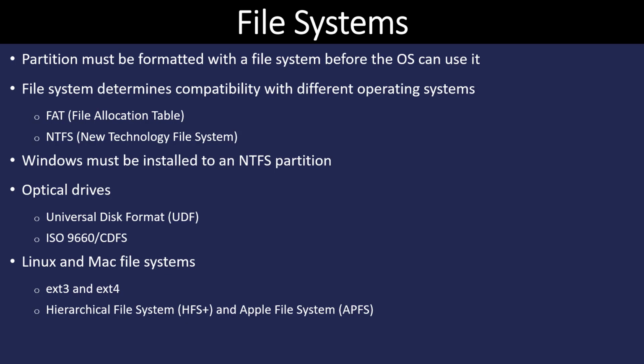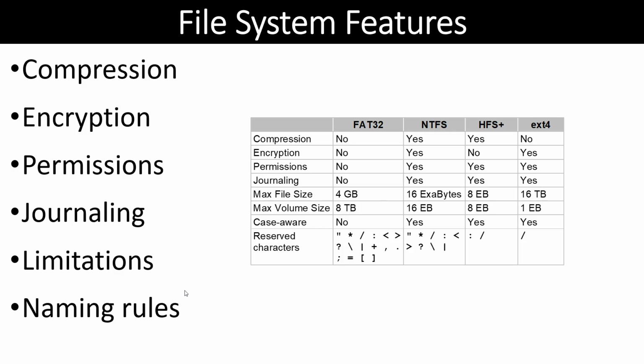It gives the security, compression, and encryption that is needed for a Windows system. Optical drives use something called UDF, or Universal Disk Format, and Linux uses ext3 and ext4. Macs originally started with the HFS system, although that has recently, in the last 2 years, been replaced with the Apple file system.